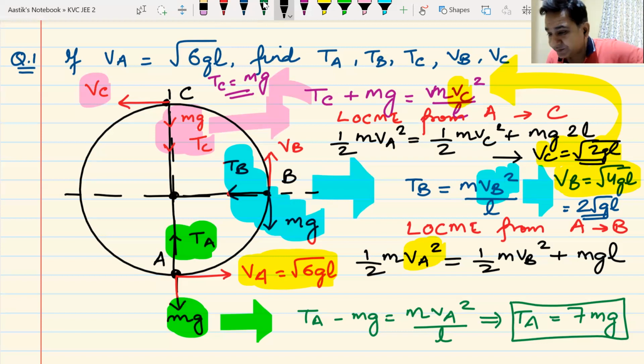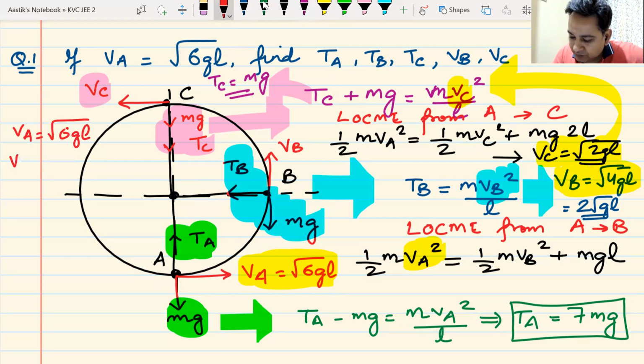What is the pattern here? Velocity at point A is root over 6 GL. Spot the pattern. Velocity at point B is root over 4 GL. Velocity at point C will be root over 2 GL.